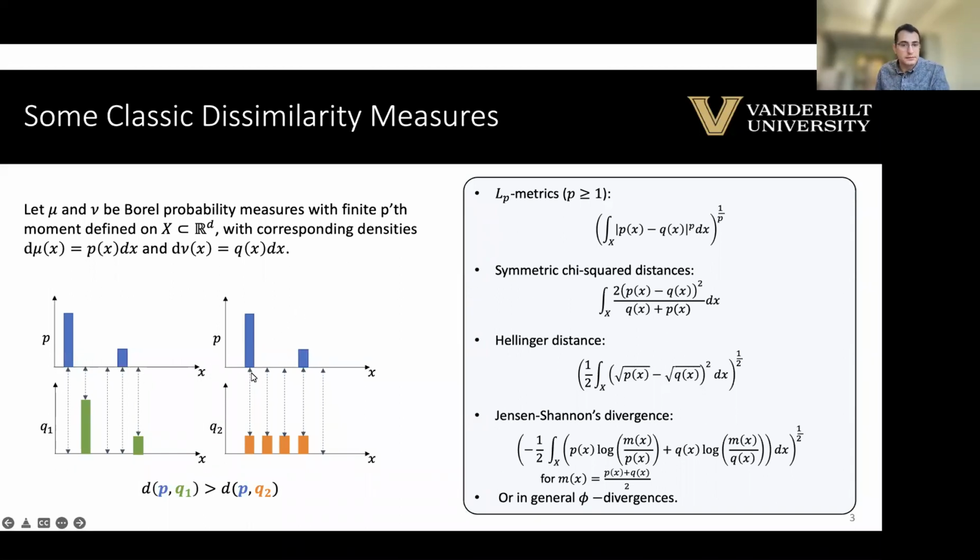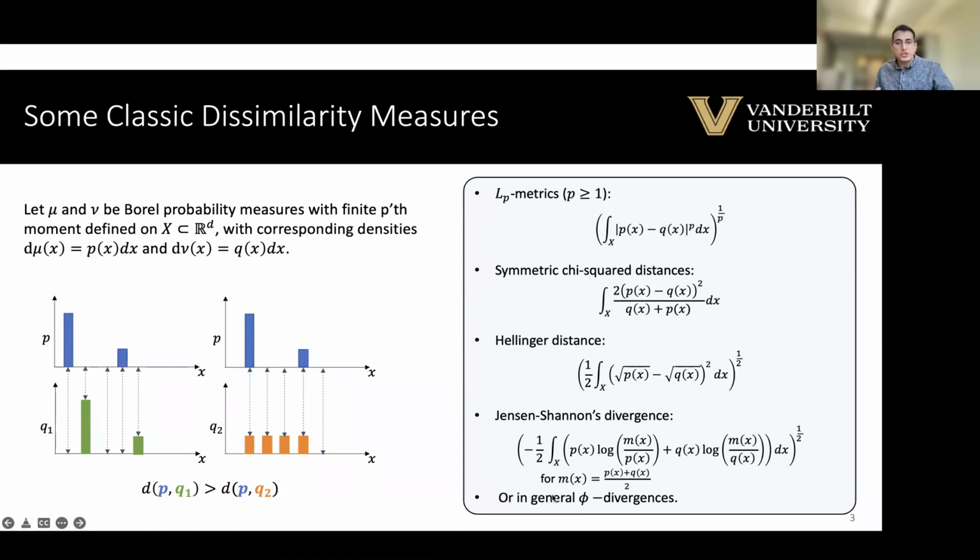Then we can ask ourselves, what are some dissimilarity measures or distances between these distributions? We can simply use an L^p metric to define a distance between two distributions, P(x) and Q(x). Or we can look at symmetric chi-squared distances, or Hellinger distances, or Jensen-Shannon divergence, which is a symmetric form of the KL divergence. These emerge from information theory mainly.